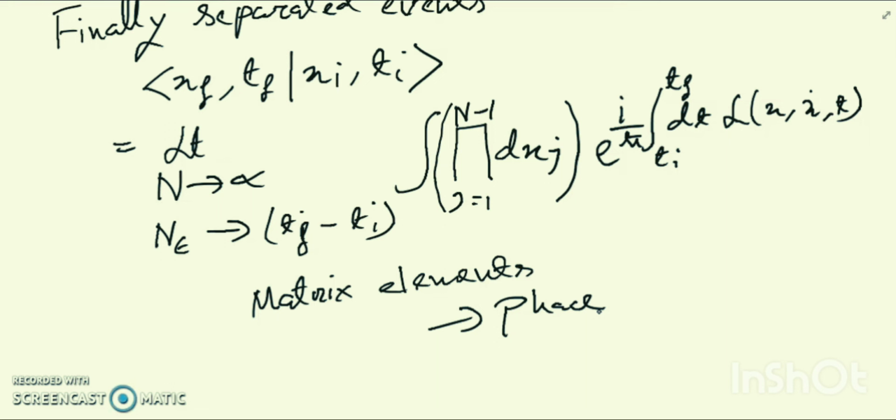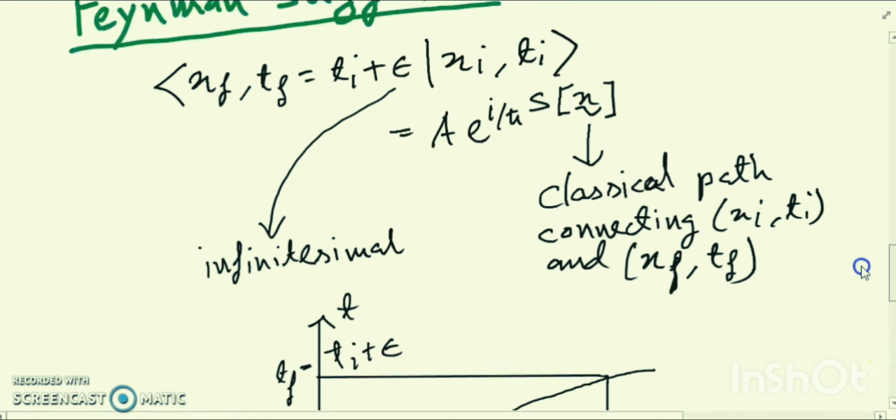If N tends to infinity, then each corresponding segment becomes infinitesimal. Okay, each segment becomes infinitesimal, then you can use this. So let me discuss that.